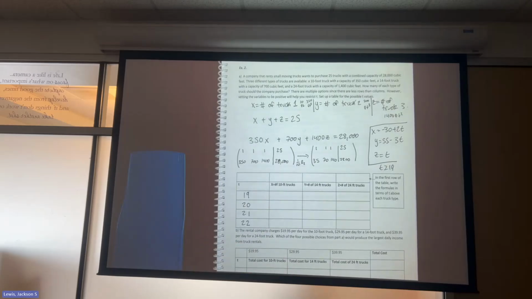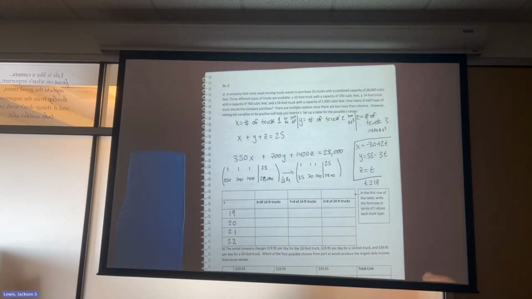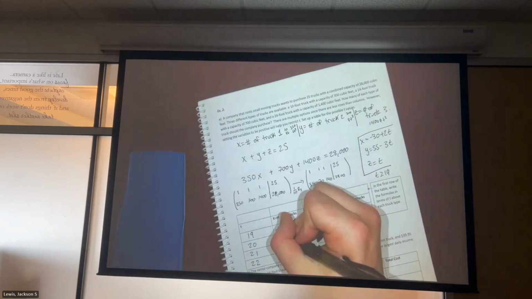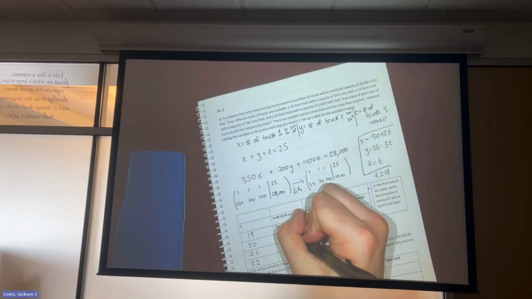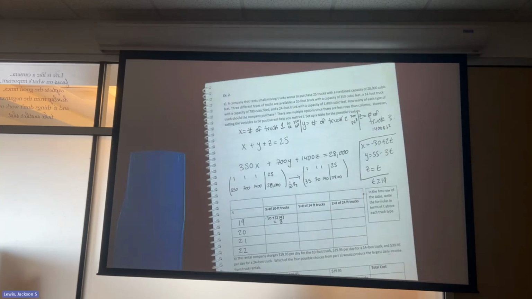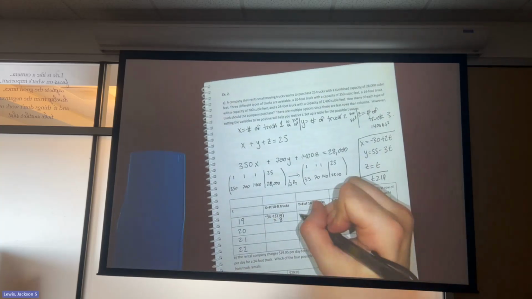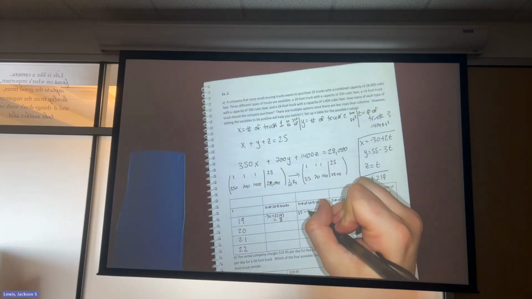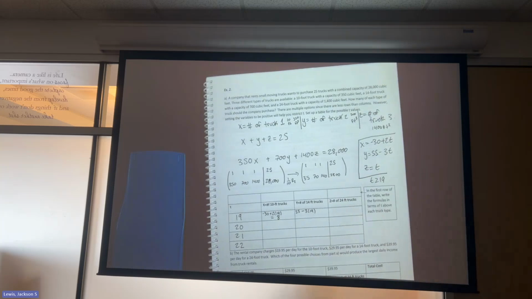So x, number of 10-foot trucks, is negative 30 plus 2t. Negative 30 plus 2 times 19 equals 8. And then y is 55 minus 3 times 19, which is negative 2.